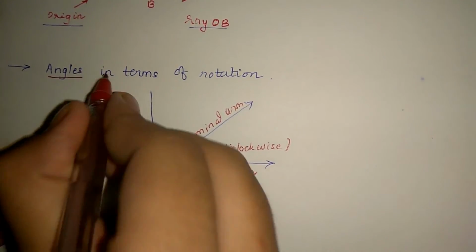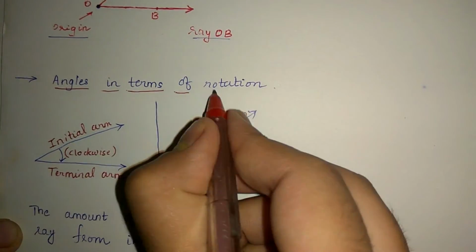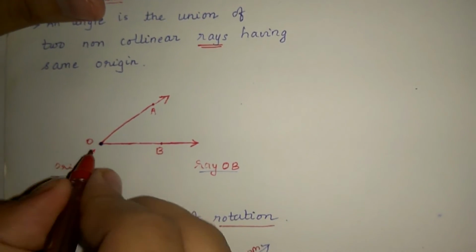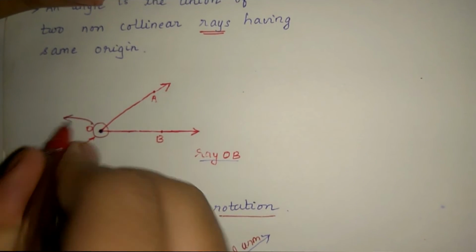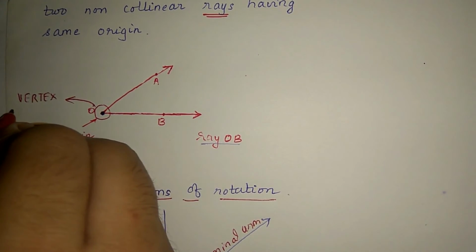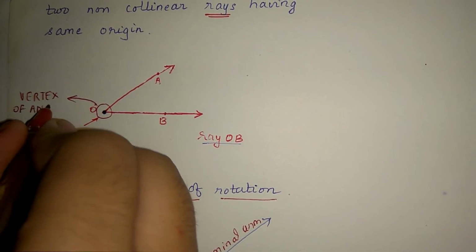Okay, so this was the topic of angles in terms of rotation. By the way, in angle terminology, this point is also called as vertex of angle.